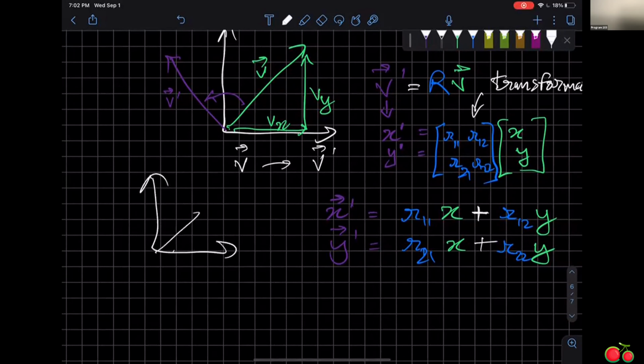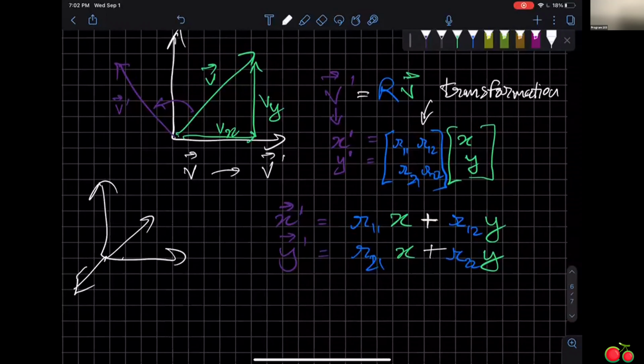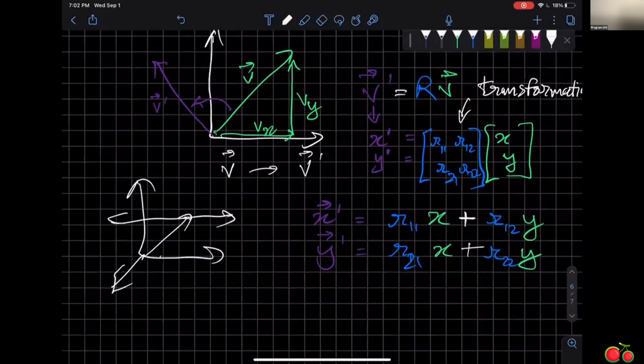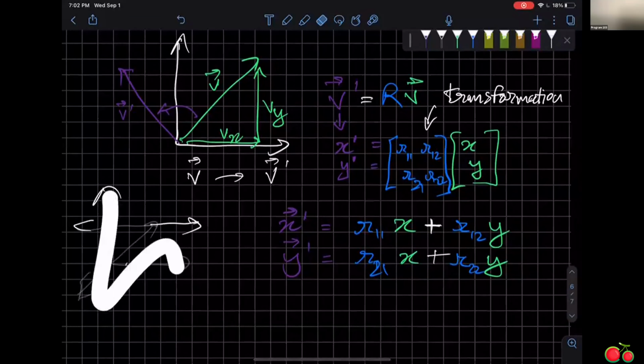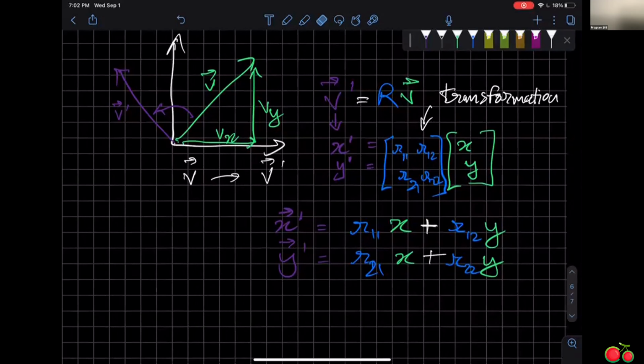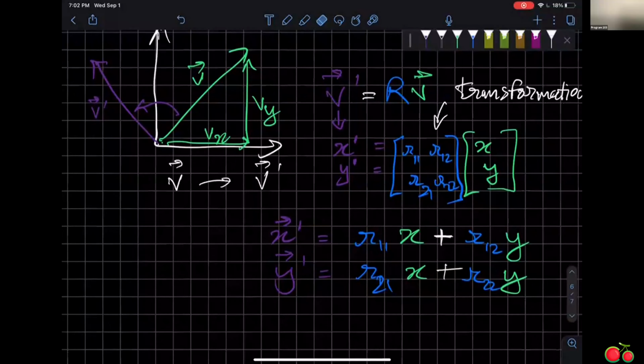So if you have a vector like this, you can reflect it in the opposite direction. That's also a transformation. There's shear, where you move the vector in just this direction along this line, right? So that's another example of a transformation. So there are different types of transformations that you can do.